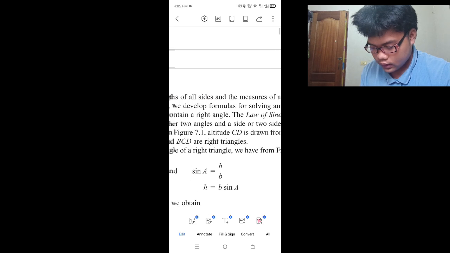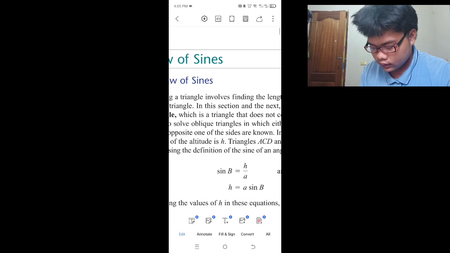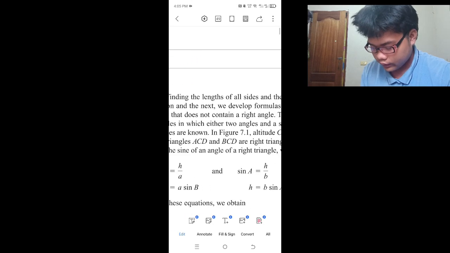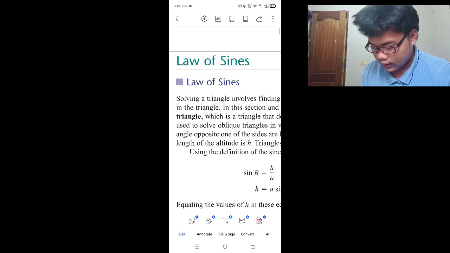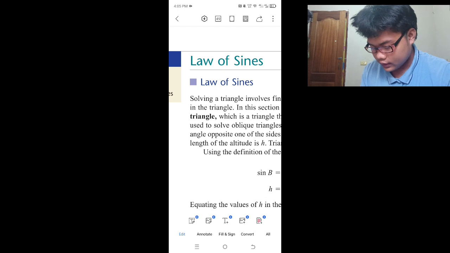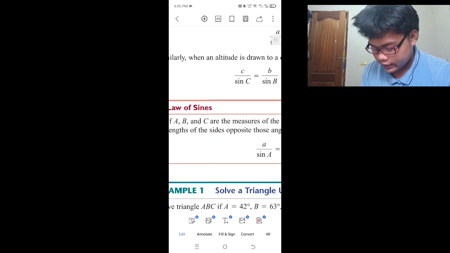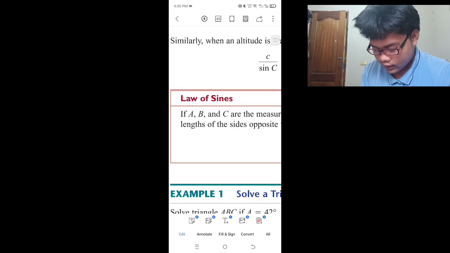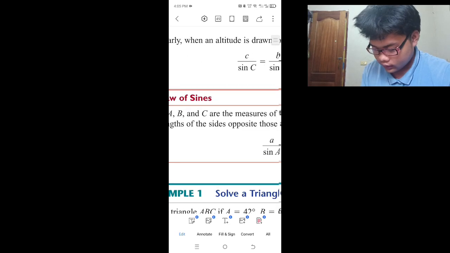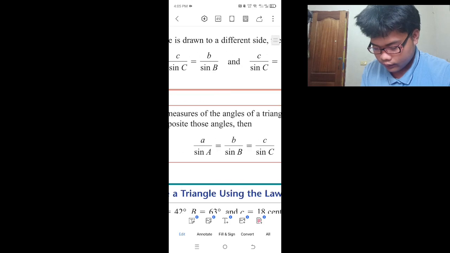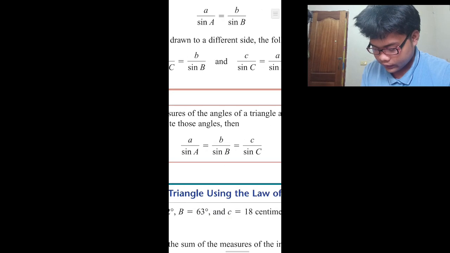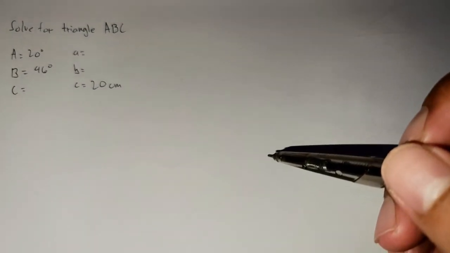The law of sines can be used to solve an oblique triangle in which either two angles and a side, or two sides and an angle opposite one of the sides, are known. Here is the formula: a over sine A equals b over sine B equals c over sine C. Now, let's have an example.